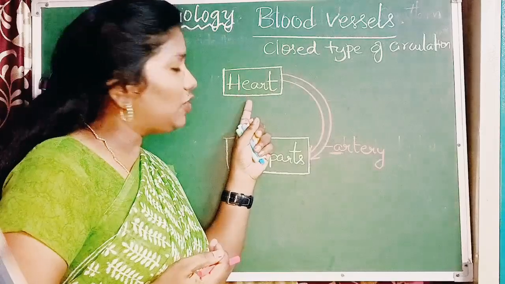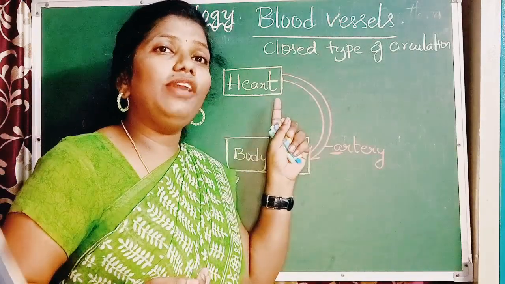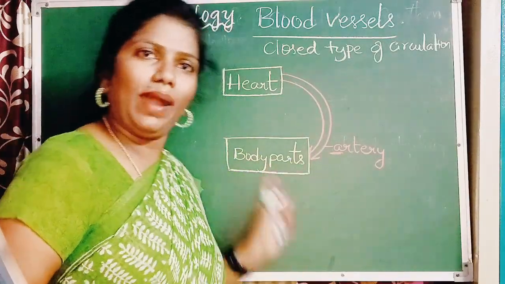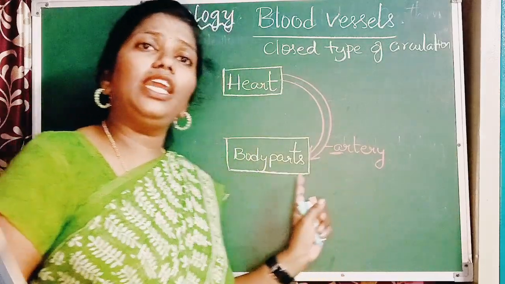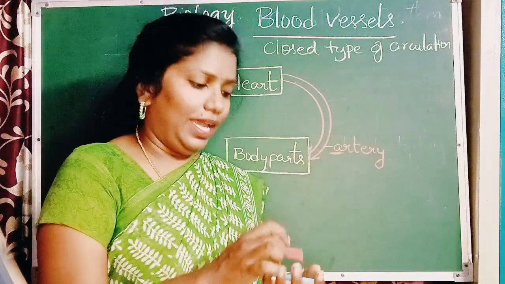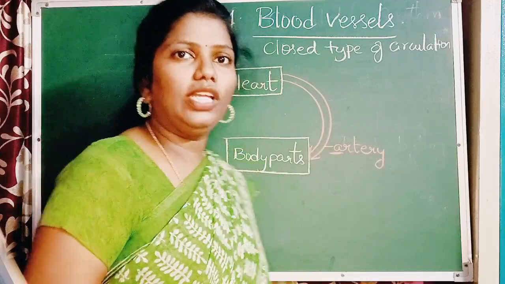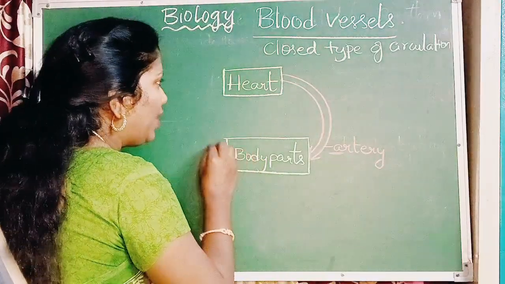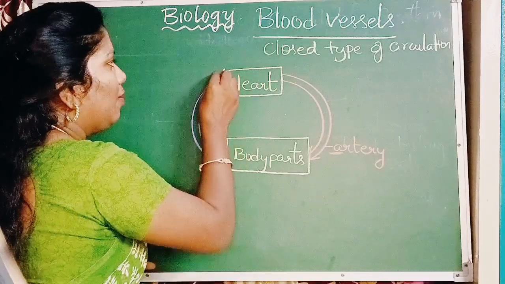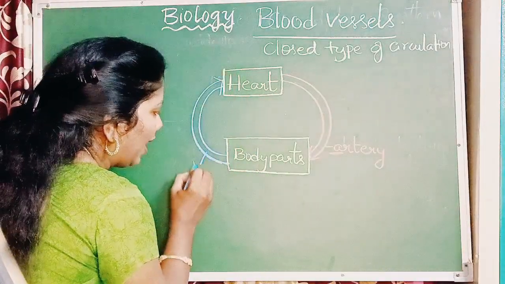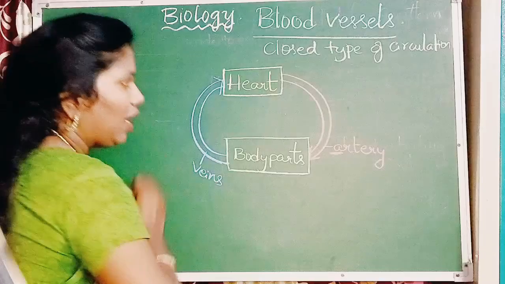That means an artery carries the blood away from the heart to the body parts. From the body parts, the blood is again brought into the heart by another type of blood vessels called veins. Veins bring the blood back to the heart.